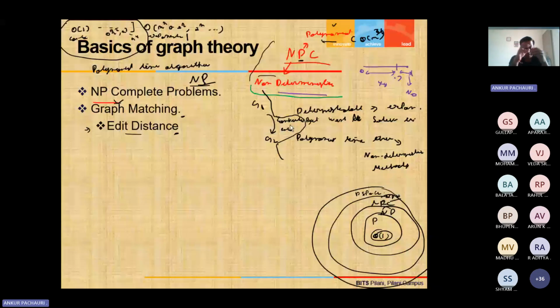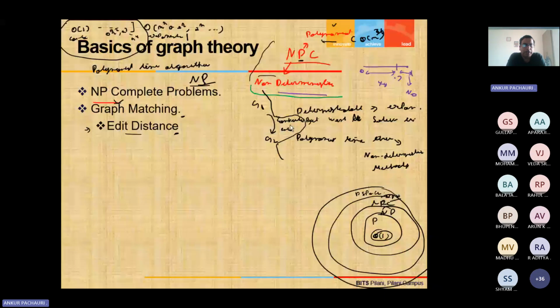I repeat the definition: the edit distance of a graph is the number of operations performed on a given graph such that it is converted into another graph.